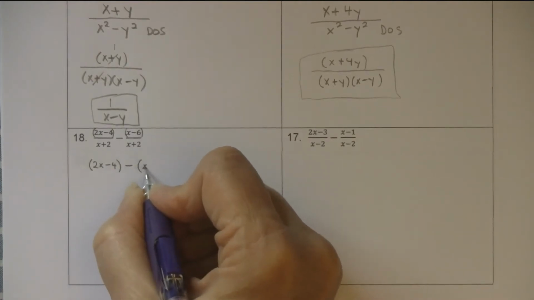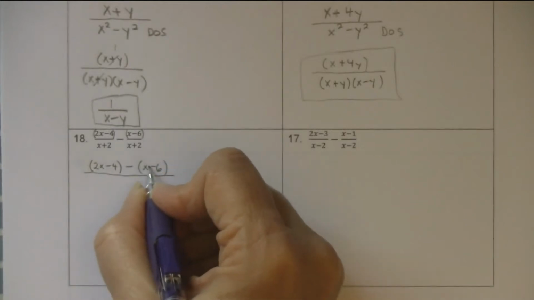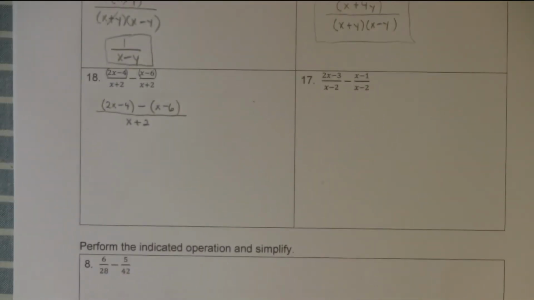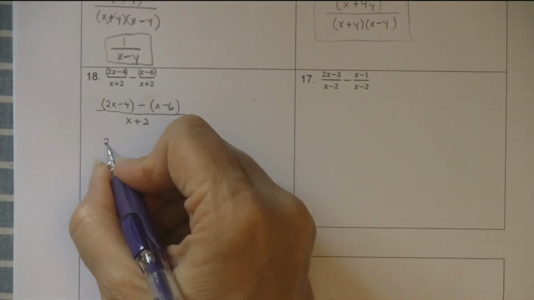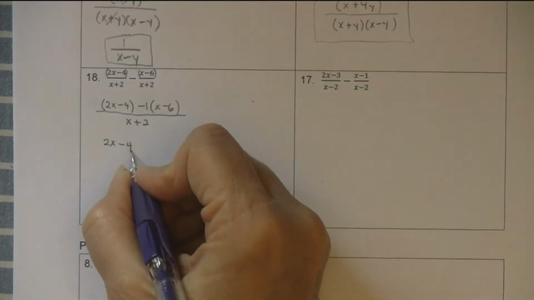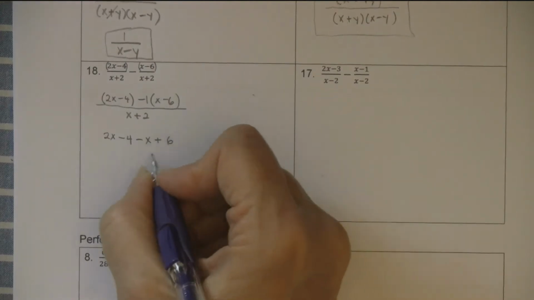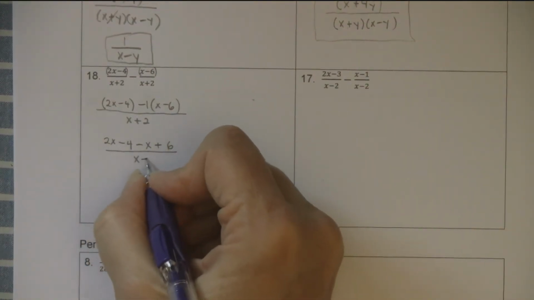If I wrote it so that you can see what was happening, I have this subtraction of the numerators over the common denominator. And so then you distribute the negative. So this would be, and some people like to put a 1 here when they distribute. If you do, great. And so when you distribute, you get negative x plus 6 all over x plus 2.